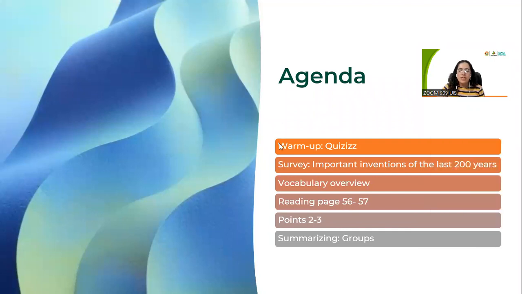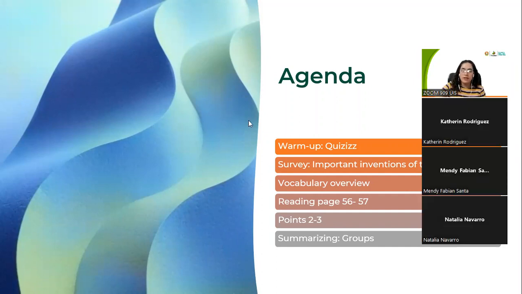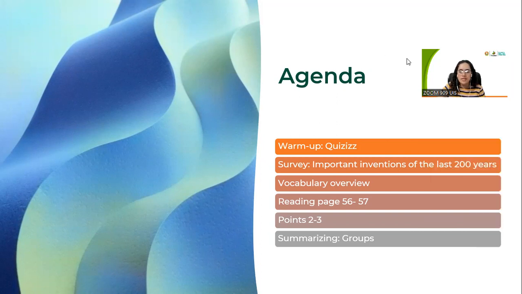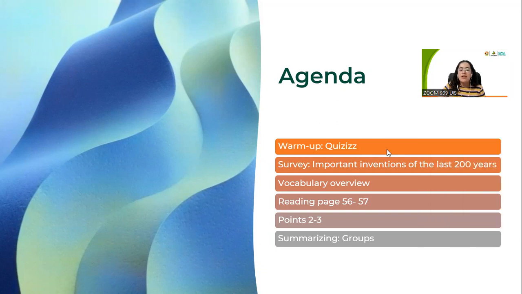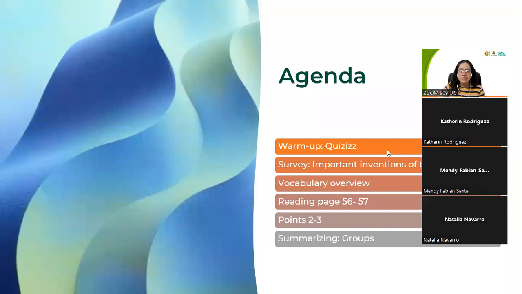The first activity today is going to be a quizzes activity about idioms for Unit 5. So it's a very easy and very short activity. Then we're going to ask a quick question about important inventions in the last 200 years. And we will start Unit 6, okay?